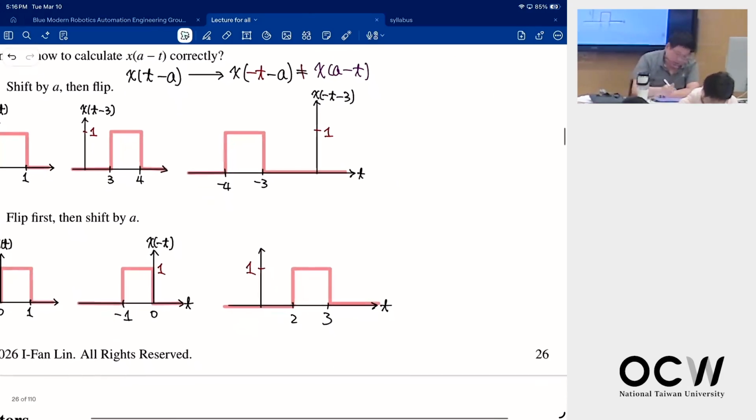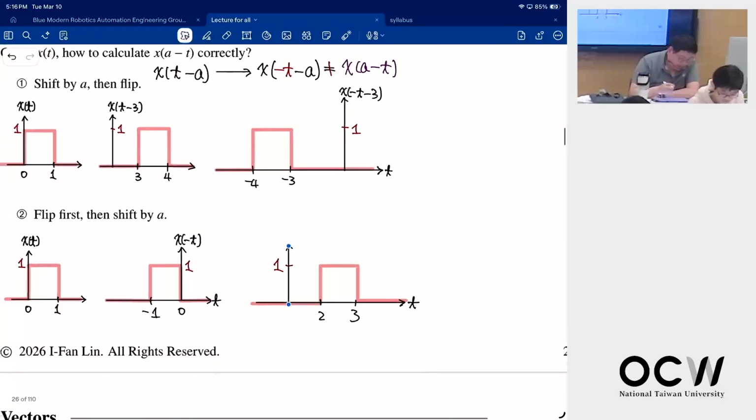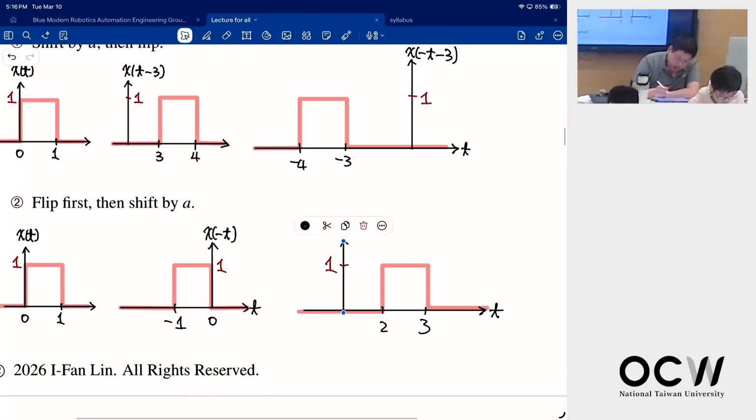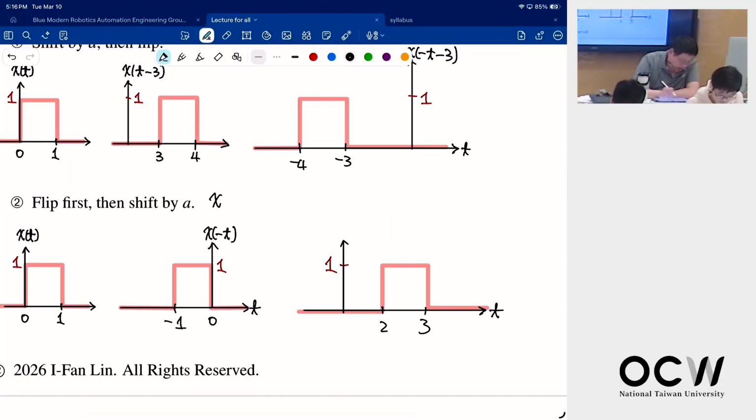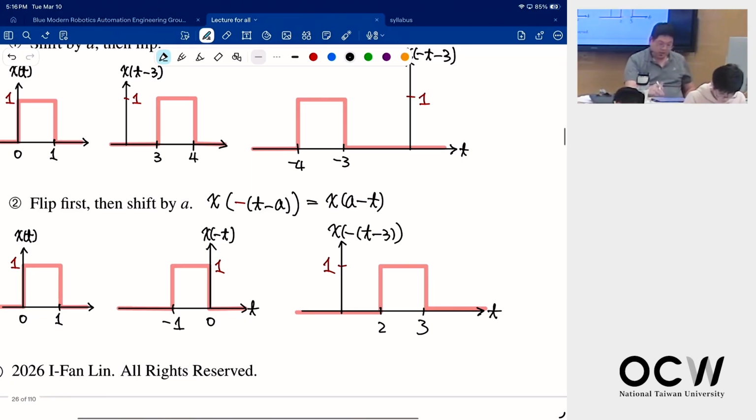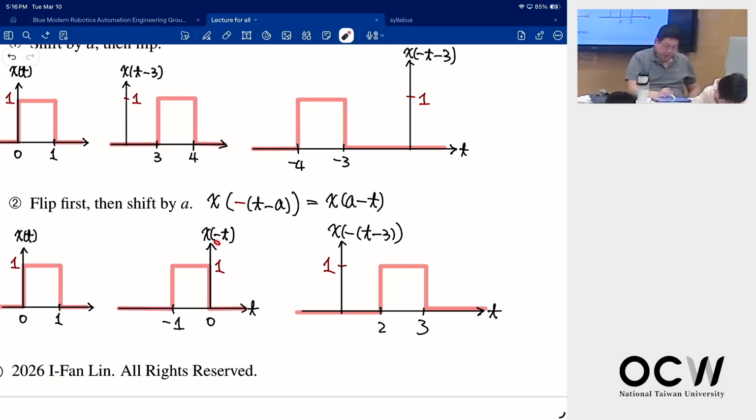And the second, when I flip and then shift, actually this is x of t minus a. I flip. So this is x of a minus t. You see that I flip already and then shift. When I shift, I need to put this minus here again, and overall I shift to the right.